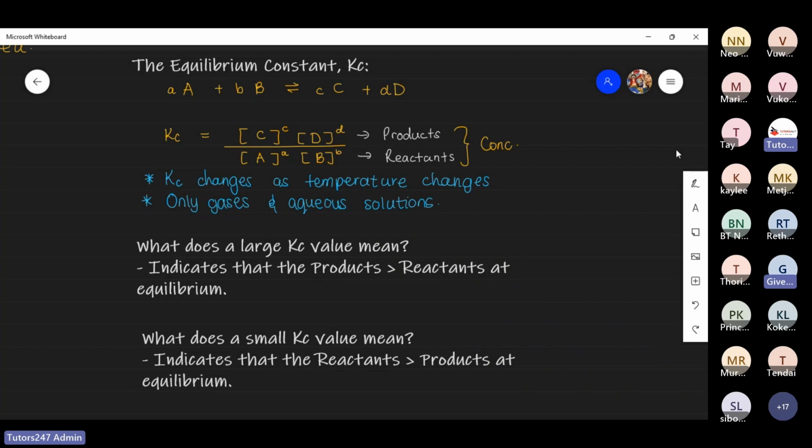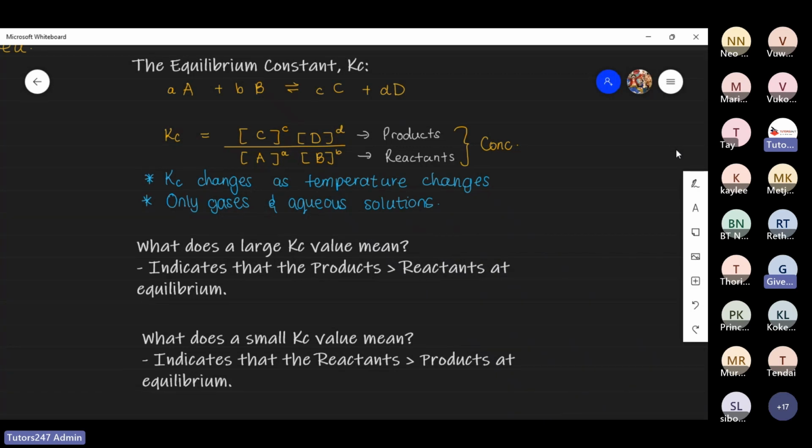Kc changes with temperature. Now, when you are substituting into your Kc equation, you can only substitute gases and aqueous solutions. You cannot substitute liquids and solids. The value of a liquid and a solid is a constant, so it won't really work out in our equation.